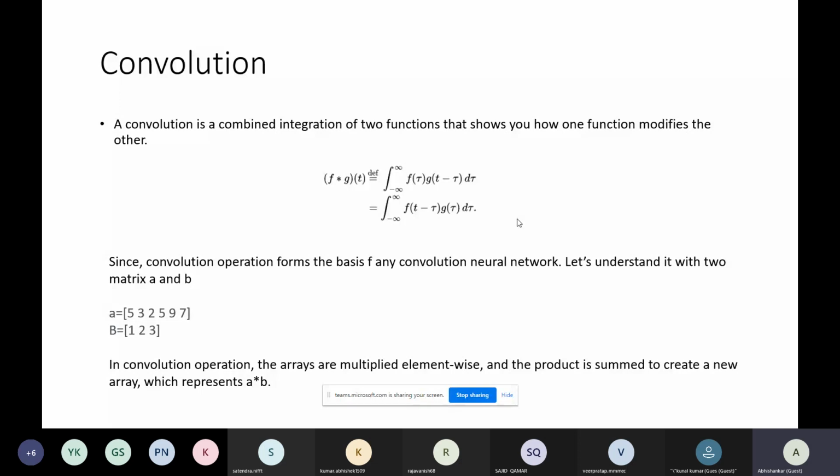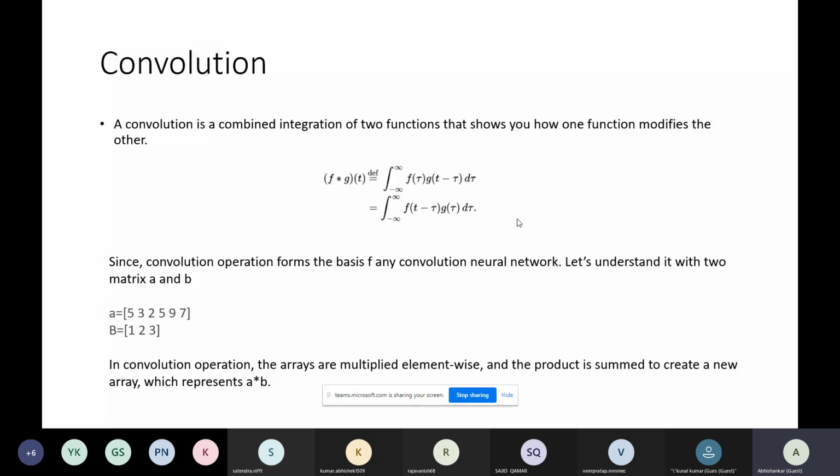So let's say you have a one-dimensional array called A, which has 5 3 2 5 9 7 as its elements, and B has 1 2 3. You don't have to worry about this complicated function.